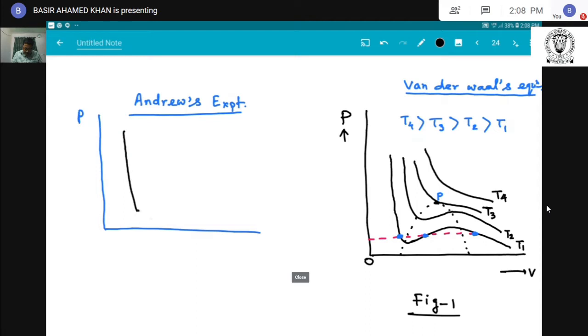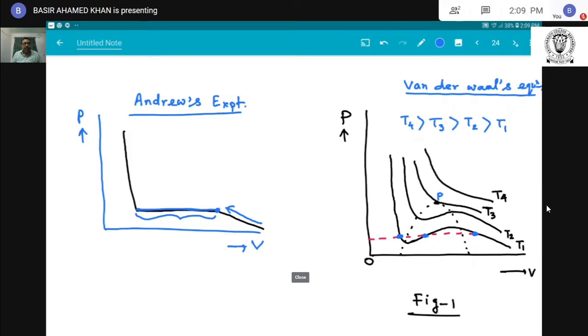Here this is P and this is V, and here we get a horizontal portion. That means where the gas, by applying pressure, the volume decreases and pressure increases, and after this point the volume gradually decreases but the pressure stays the same.